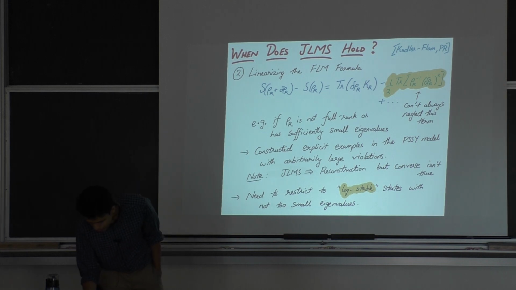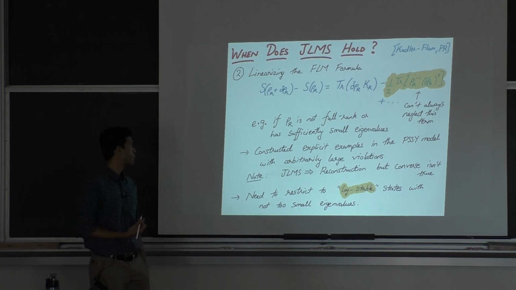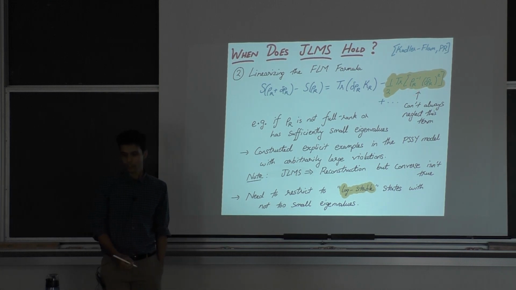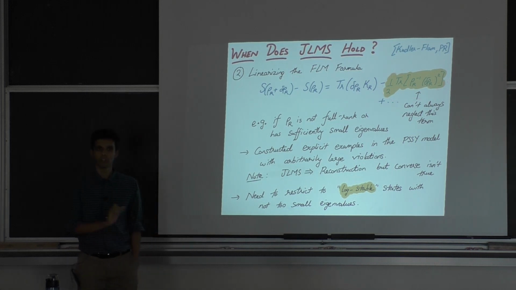However, there are higher order terms, for example, this second order term, which actually isn't always negligible. So an example of this is if you consider states which aren't necessarily full rank, or if they have sufficiently small eigenvalues, then because of this rho inverse that's here, the correction from this could be large enough to pollute the derivation of the JLMS formula. These are situations where you can actually find arbitrarily large violations of the JLMS formula.